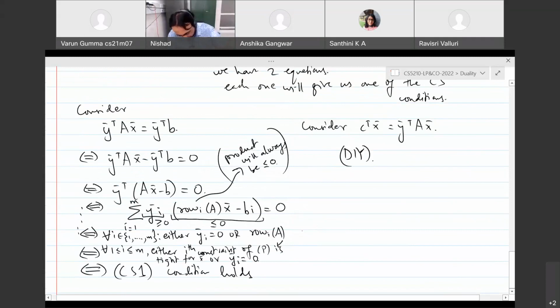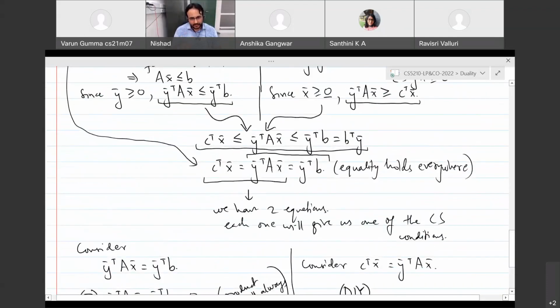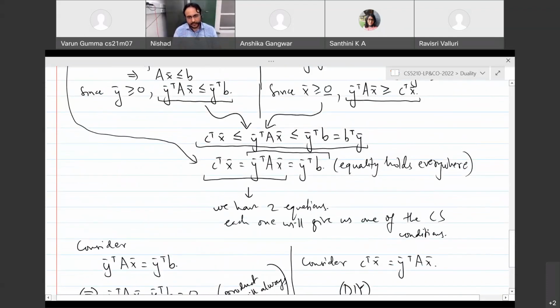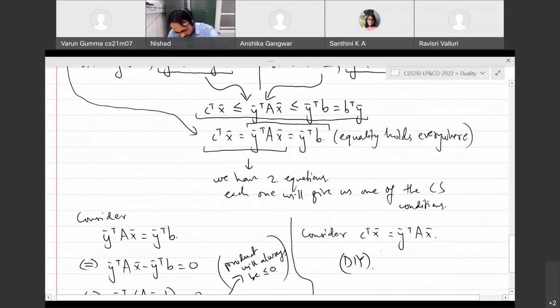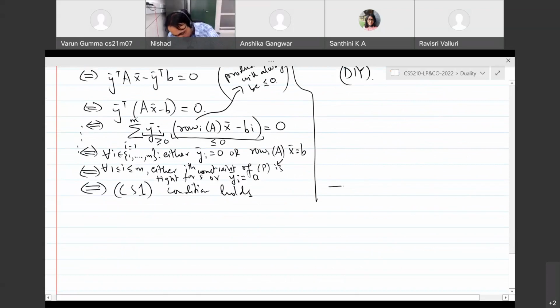So I wrote ax bar equals b. So the first condition holds, and we got that by considering the second equation. And I want you all to start with the first equation and get to the second condition. You want to get a bunch of statements and show that the complementary slackness condition 2 also holds.